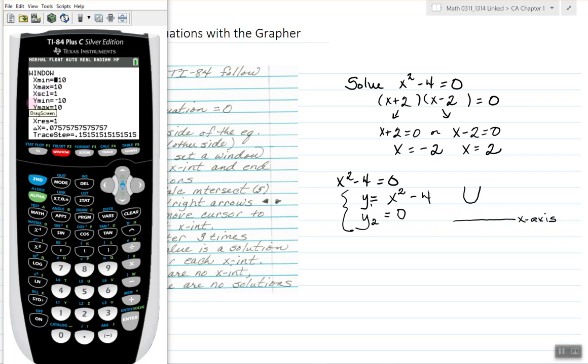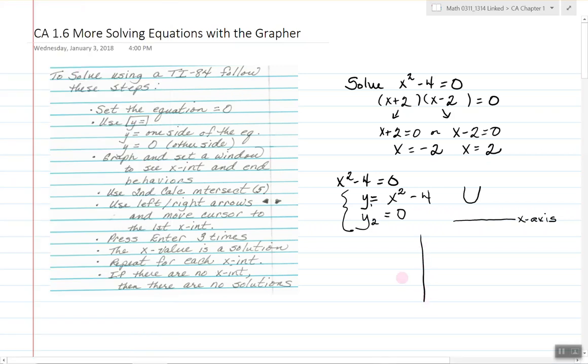X min is the left-hand side, X max is the right-hand side. Y min is the bottom, Y max is the top. So when you're looking at a graph, your X max is the largest X value, your X min is the smallest, your Y min is the bottom, and your Y max is the top.